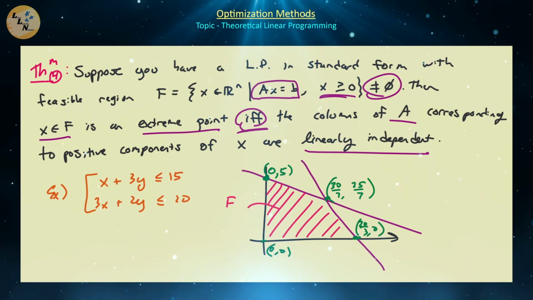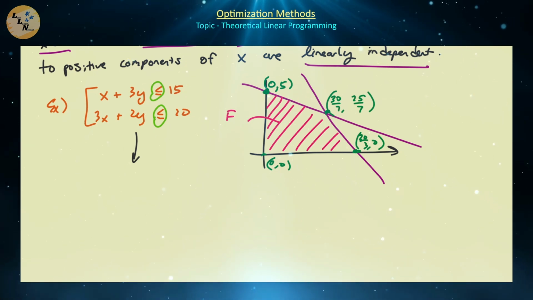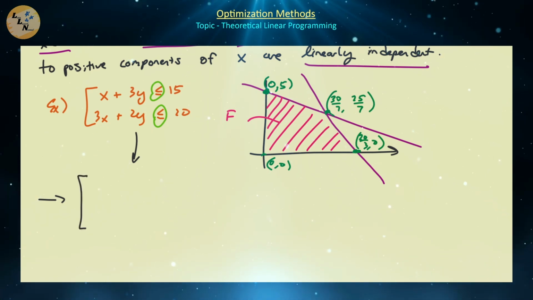All right. So if we were to write this set of constraints in standard form, how would we do that? Since we're working with two less than or equal to inequalities, that means we need to introduce two slack variables into the equation. Let's also write x as x1 and y as x2, since we're introducing more than two variables here.